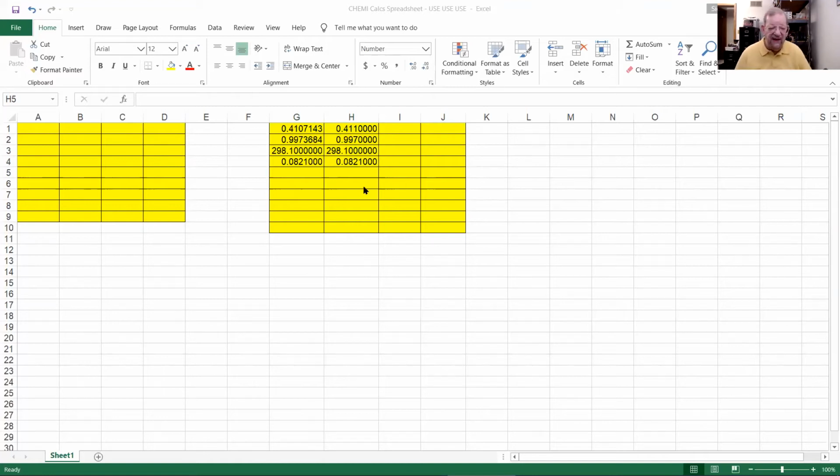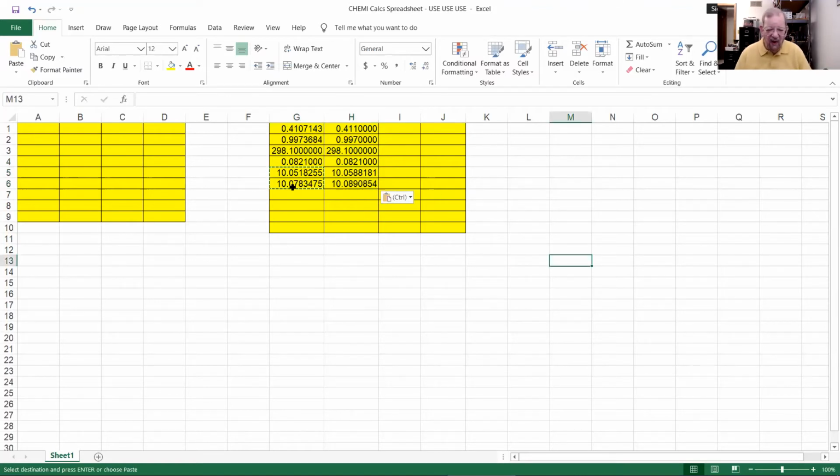So be careful. Now, let's do the top part. It's easier on a spreadsheet to do n times R times the temperature, and then take this and divide it by the pressure. And the number I get is 10.07. And if I do it this way, I get that number.